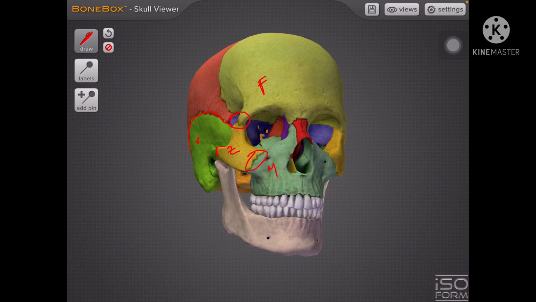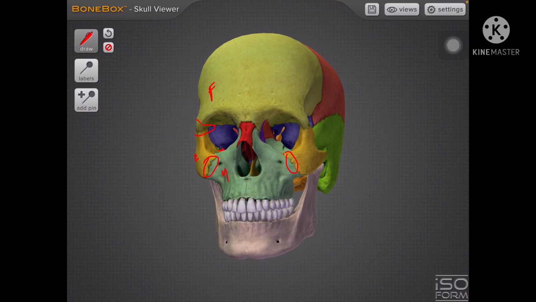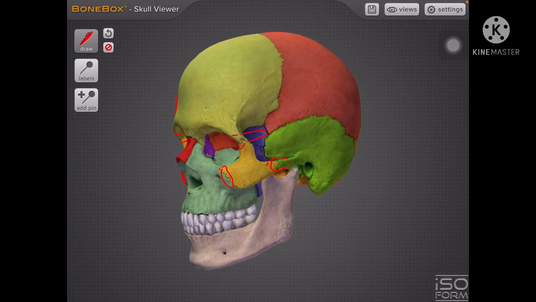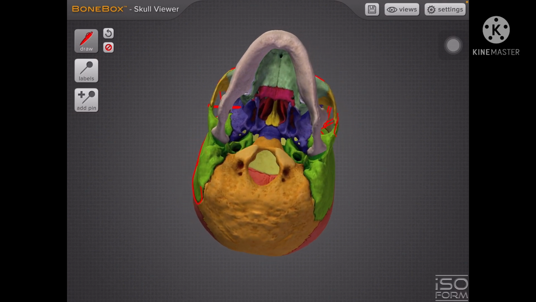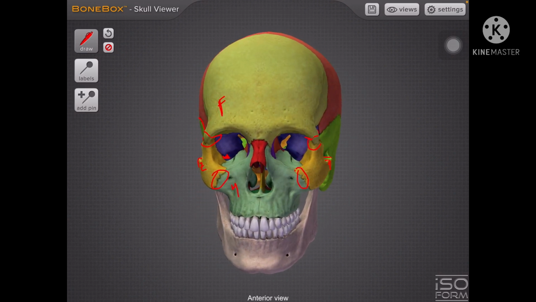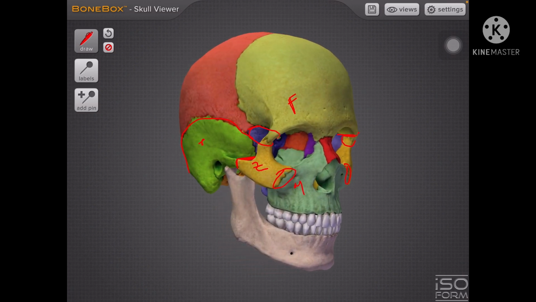Between these two there is a suture called the zygomatico-maxillary suture. Also, there are two palatine processes separated by one suture line called the intermaxillary suture. These are the few other sutures that you need to know. Clear with it? Yes, let's move further.